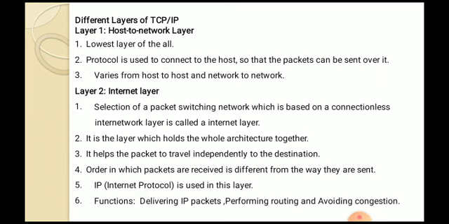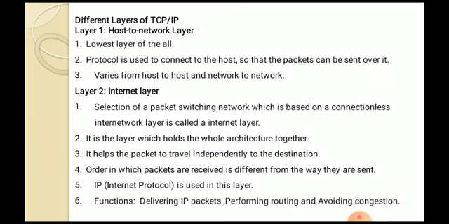In the internet layer, that is the second layer, the selection of a packet switching network which is based on the connectionless inter-network layer is called the internet layer. It is the layer which holds the whole architecture together. It helps the packet to travel independently to the destination.